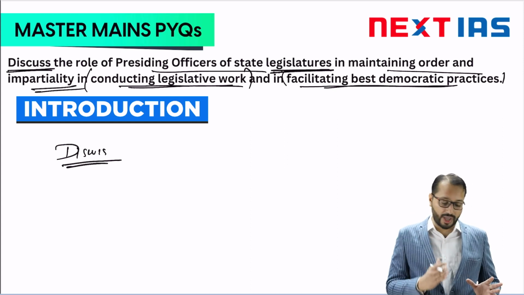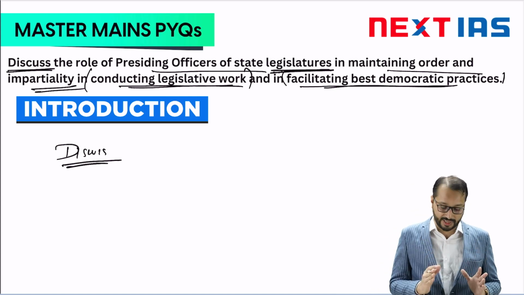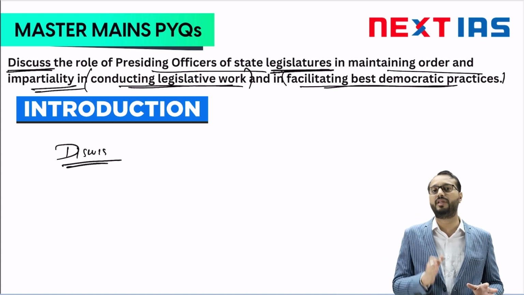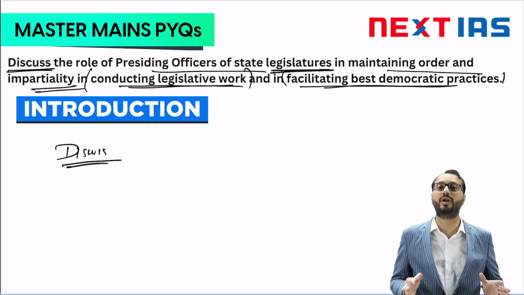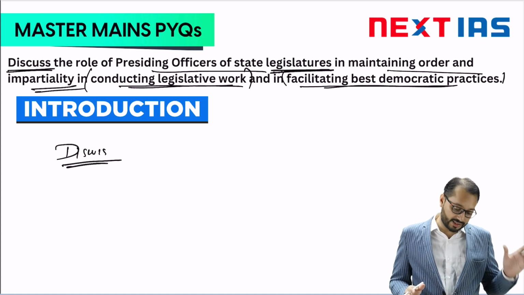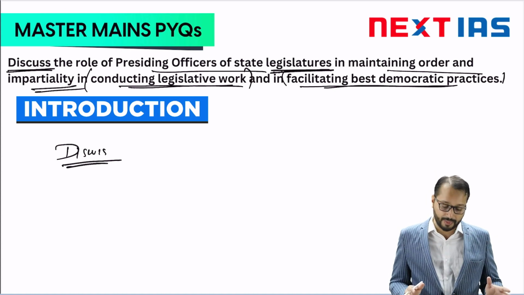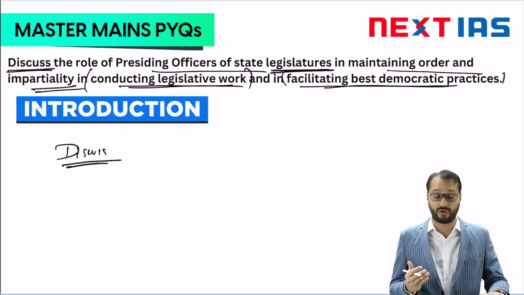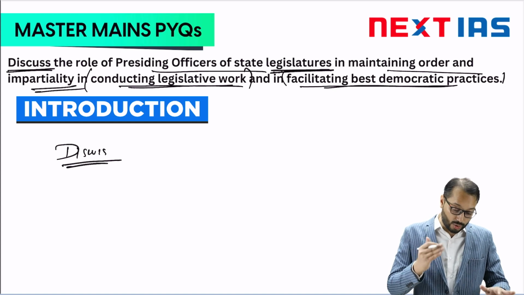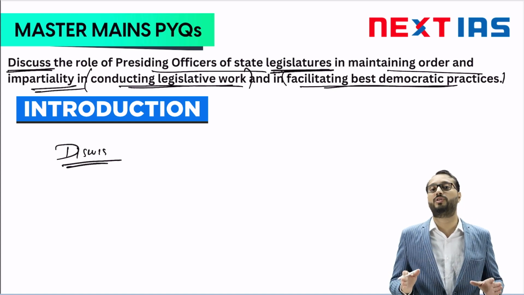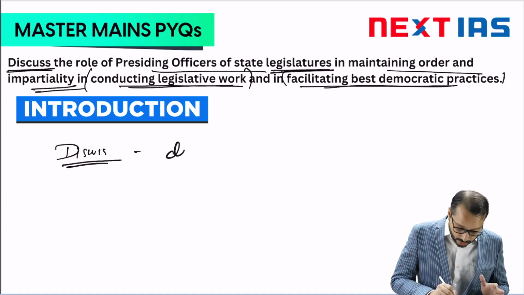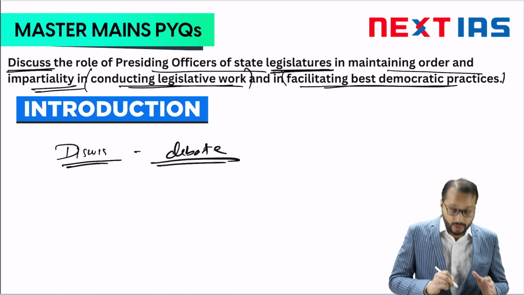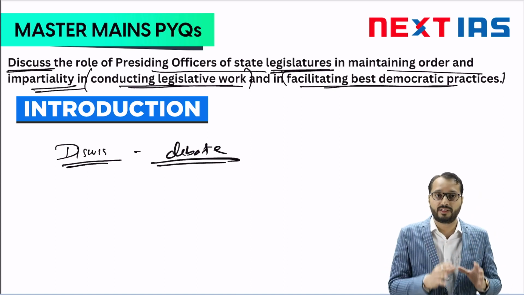If you look at the role of presiding officers in recent times, be it state legislatures or Parliament, their role has been both good and controversial as far as conducting the legislative work and facilitating the best democratic practices on the floor of the house is concerned, right? So you cannot isolate this question from that discourse. So discuss in essence here would want you to debate, right? You need to understand what the debate is in this particular answer.